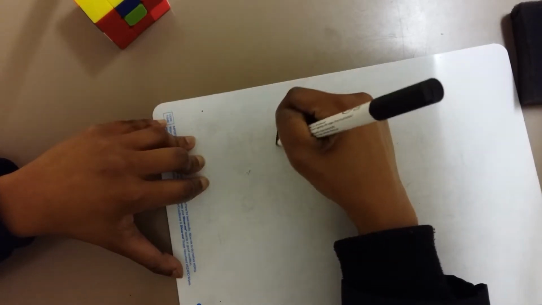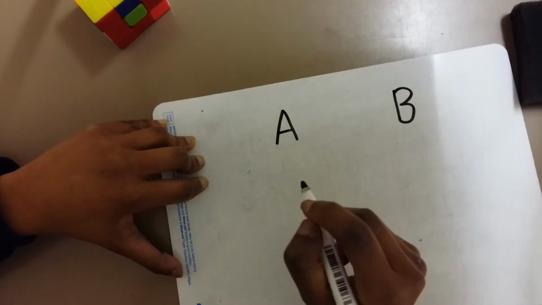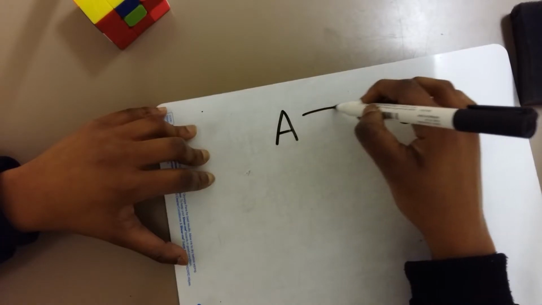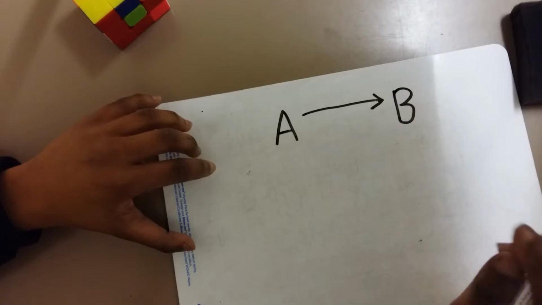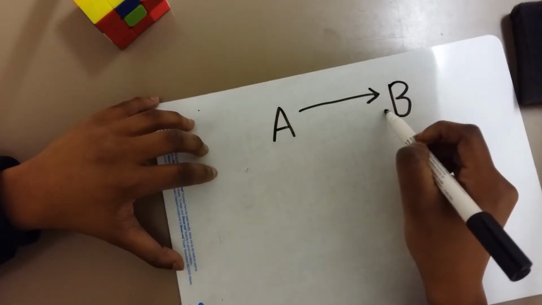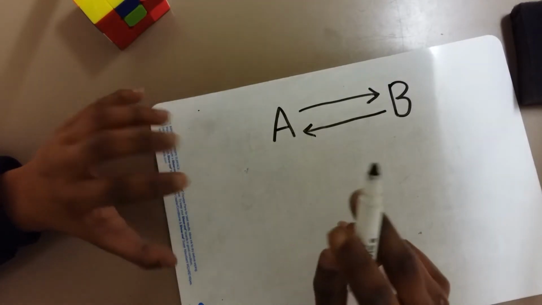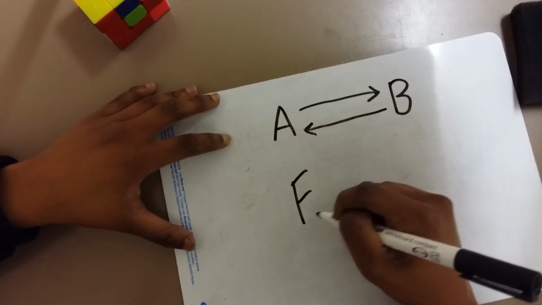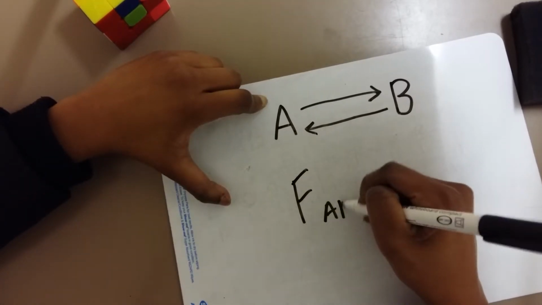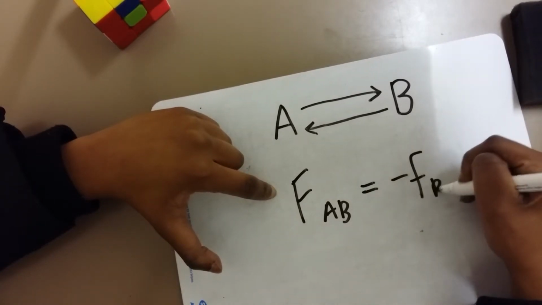Let's have object A and object B. So we can say that for every force from object A to object B, there is an equal and opposite force from object B to object A. So this can also be illustrated as FAB, that's this force here, is equal to minus FBA.